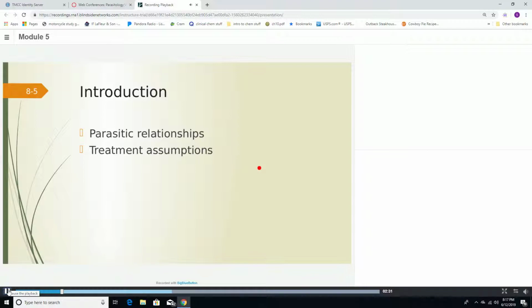So treatment assumptions: most people are going to believe that somebody who's infected with a parasitic disease can control the disease, because they could either avoid somebody who's infected and believe that they're not going to catch an infection. People believe that good hygiene and taking medication lessens the infections or the ability of a parasite to cause disease. So there is a decrease in incidence around the world because people are generally taking steps to avoid parasitic infections.